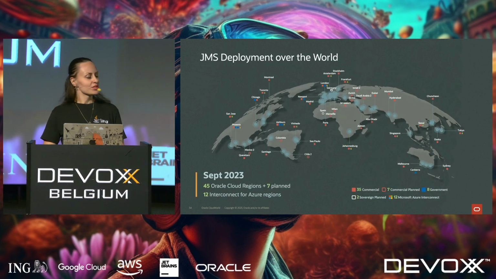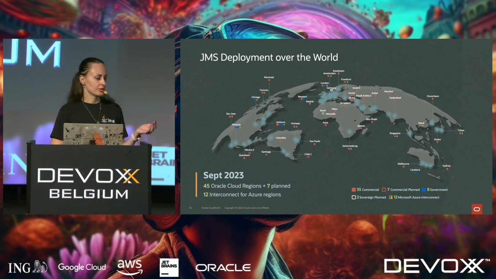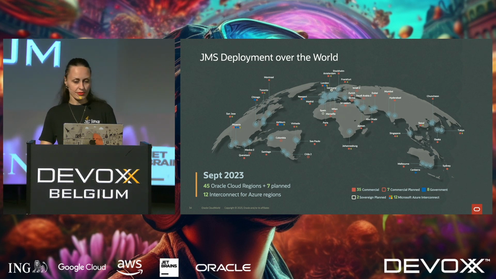And of course, the service is available all over the world. So it's not just a service that is available in certain locations. And you can see on the map, depending on location and, of course, on the restrictions from a security point of view of the location, you have it there.